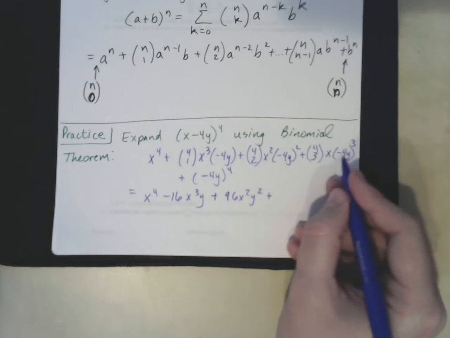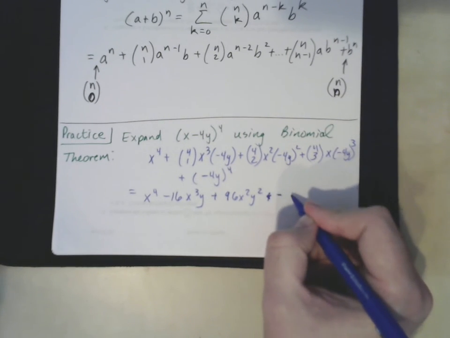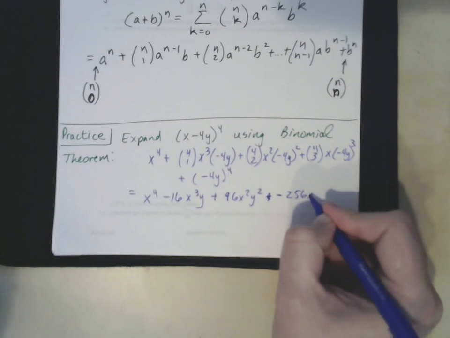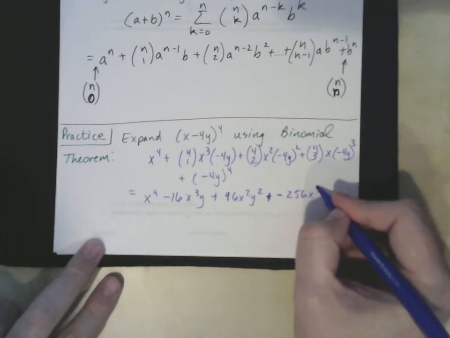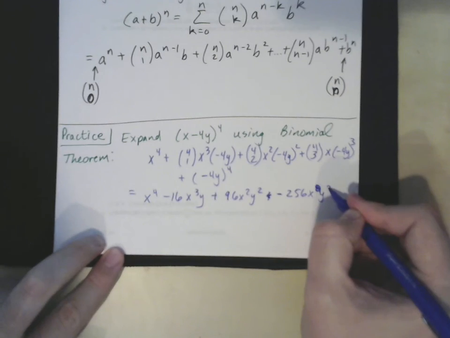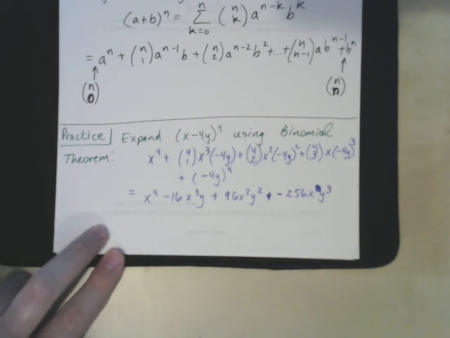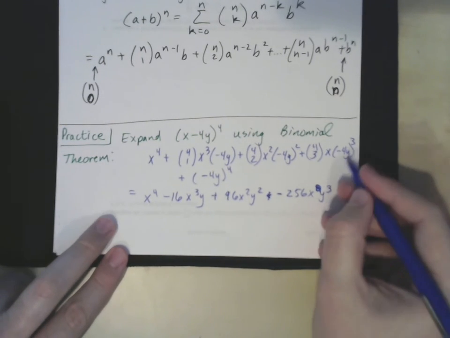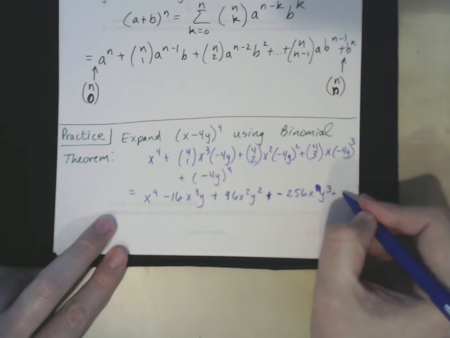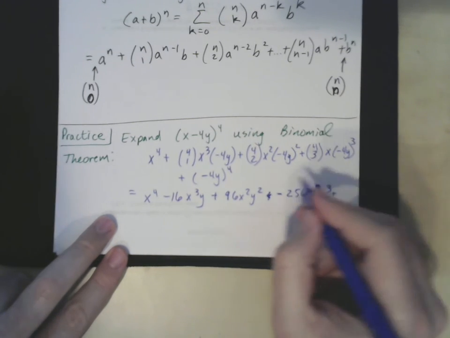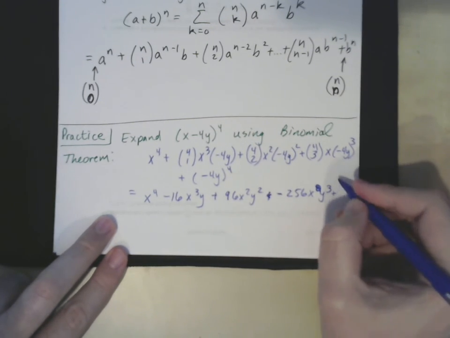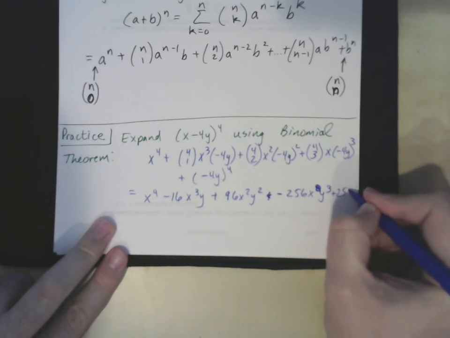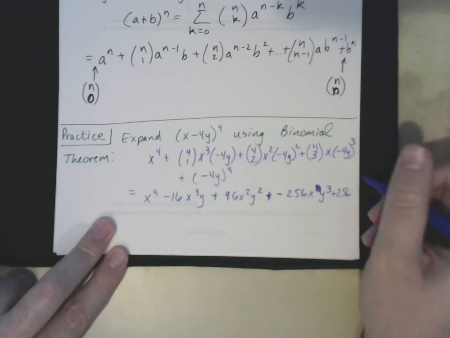When that gets simplified, it's not plus anymore, it's minus 256 xy cubed, excuse me, and then 4 to the 4th, we get plus 256y to the 4th.